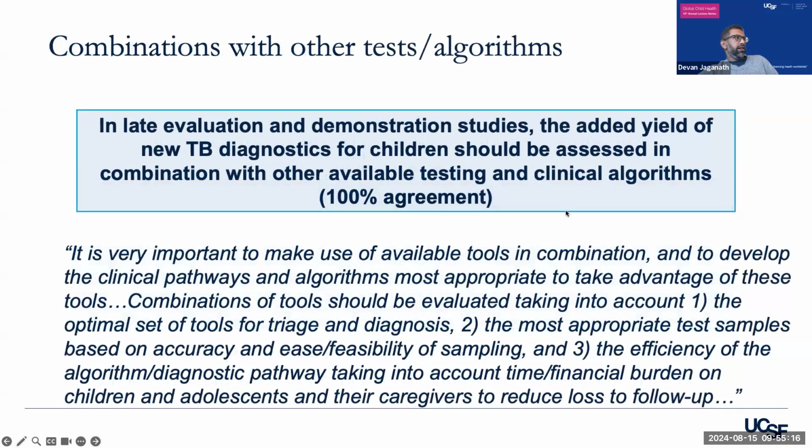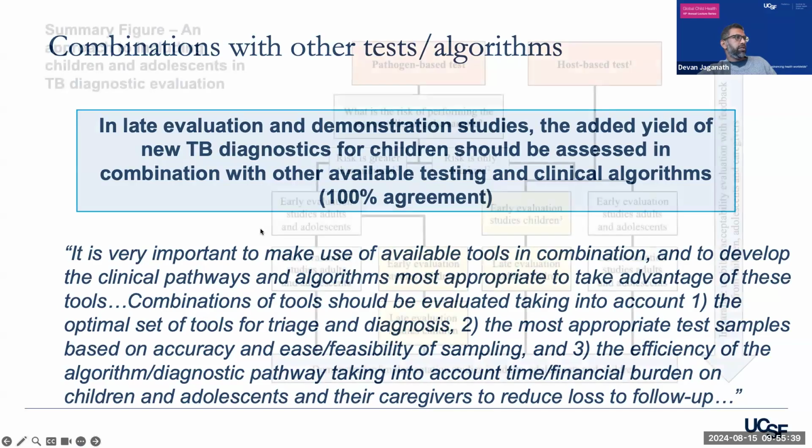And then lastly, as I mentioned earlier, there really were strong ideas around thinking beyond single test accuracy and looking at other components, whether it's added yield, or how it might perform in combination with other tests and clinical algorithms. I won't do that for time.